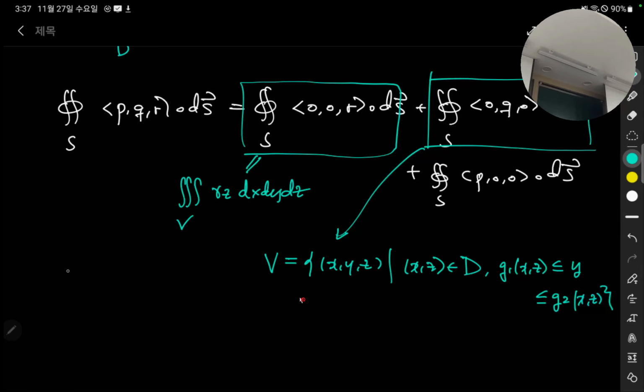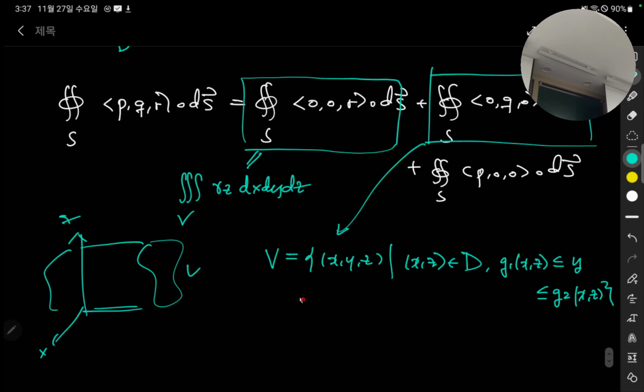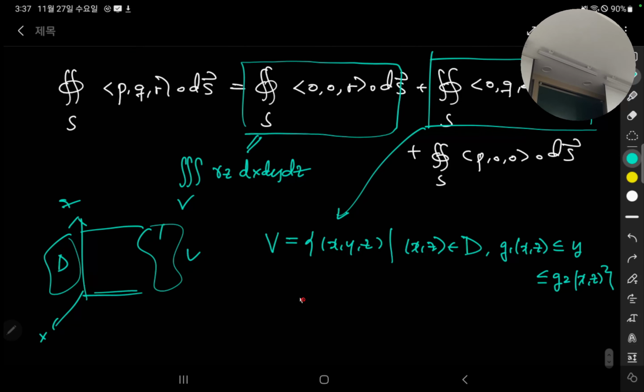In a sense, you're projecting your volume V onto the XZ plane, and this is your D and this is your volume here. Since you are projecting in here, you're cutting your volume into two pieces. So the boundary of V is now determined by the graphs of two functions, G1(x,z) and G2(x,z).